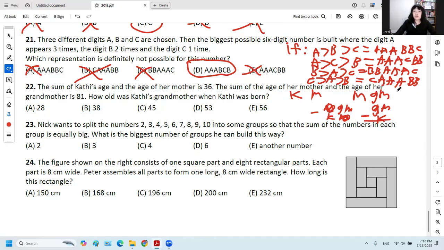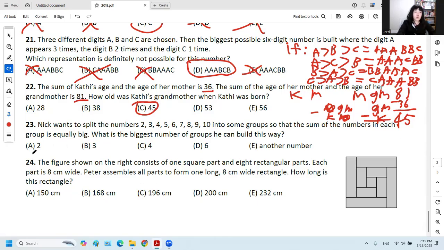It would be 81 minus 36 equals 45. C is the answer.